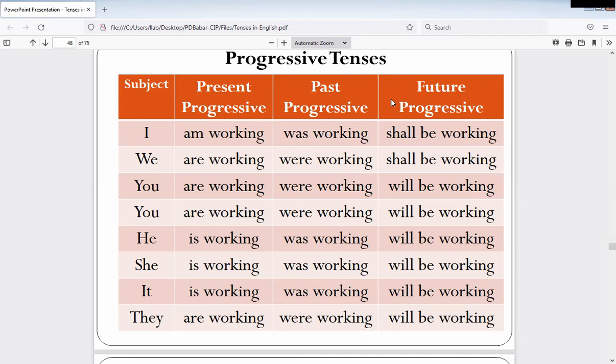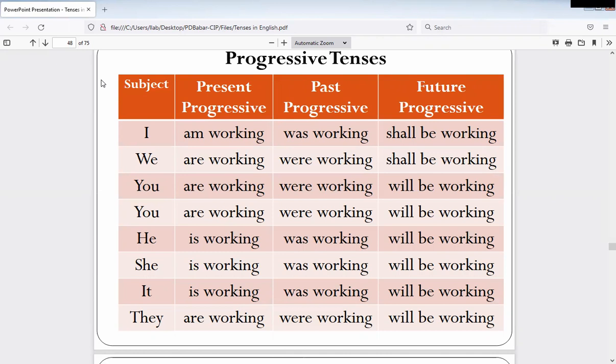Whatever the progressive tenses are, that is present progressive, past progressive, and future progressive, all are included in one chart, written at one place. So it will become very easy for you to compare and contrast the sentences regarding present, past, or future.